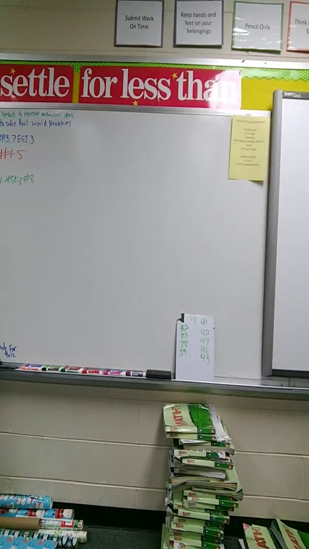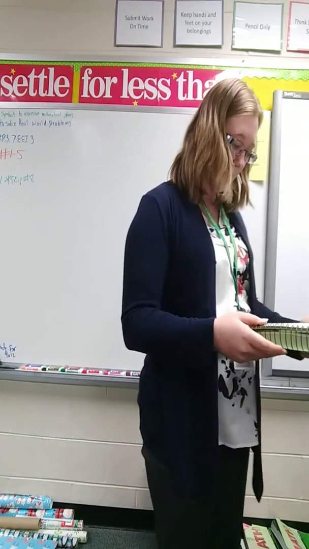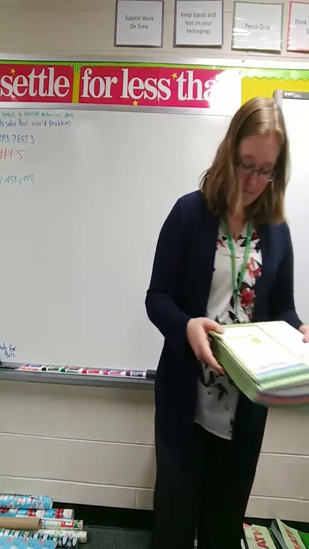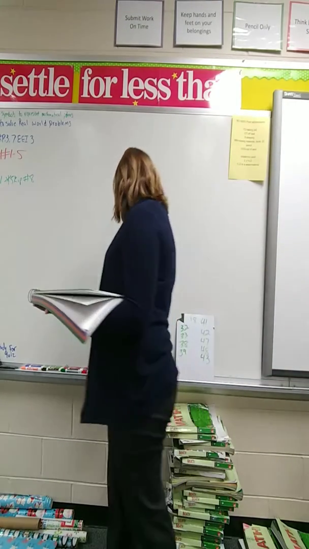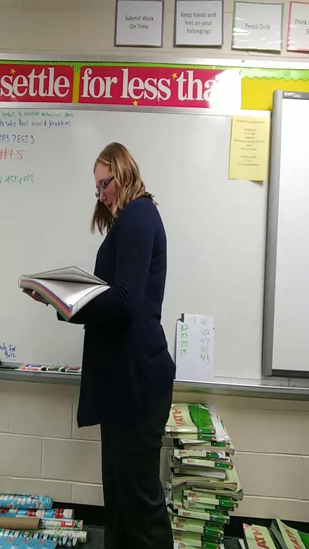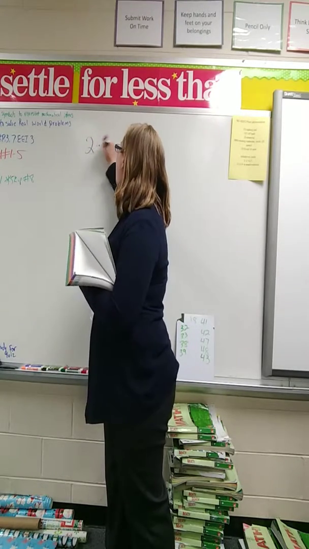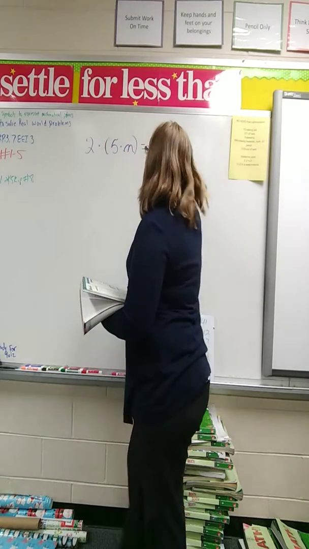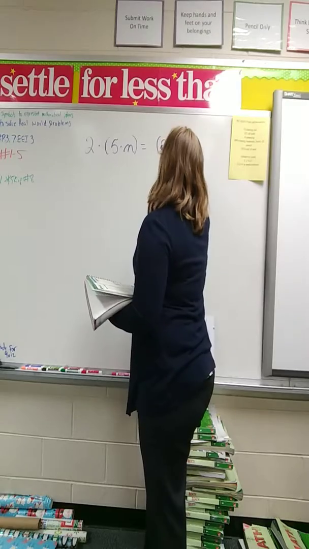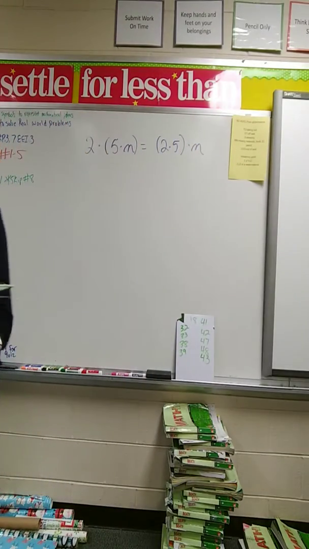All right, let's look at a couple examples. If you looked at example 1 on page 368, it says 2 times 5 times n equals 2 times 5 times n, with the grouping changed.